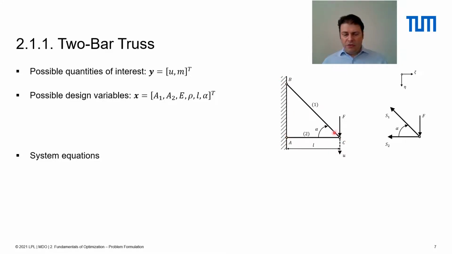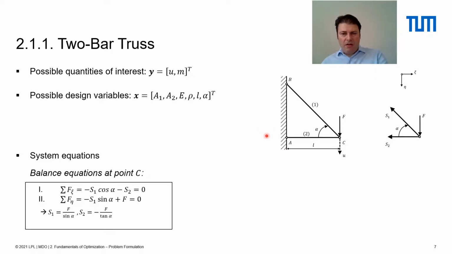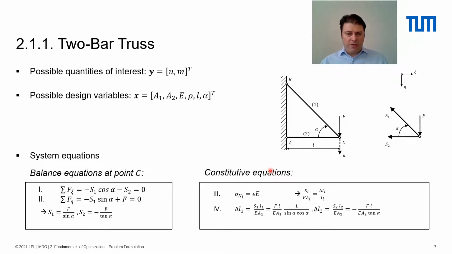And these joints, of course, cannot support any moments. So there will be only longitudinal forces in your rods. And this two-bar truss structure is parameterized by an angle alpha and a reference rod length L. And there will also be material parameters included that describe the material behavior.